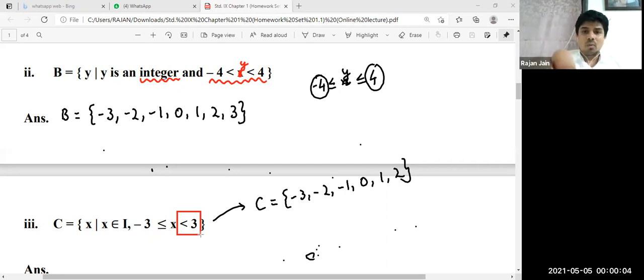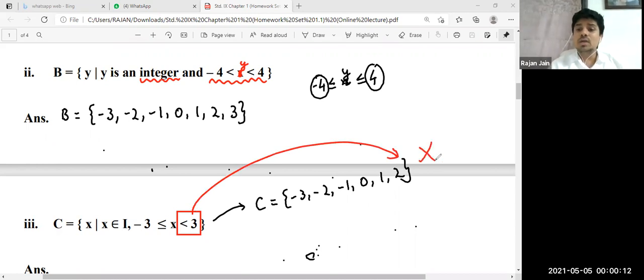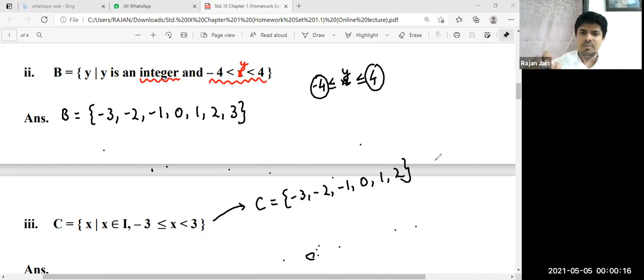What I want to highlight is that there is no equal to over here. Are you understanding? And that is why 3 does not come in the collection. So जिधर equal to रहेगा, that number will be a part of the collection, and अगर equal to नहीं है, that number is not going to be a part of the collection. Okay, chalo, let's continue ahead.